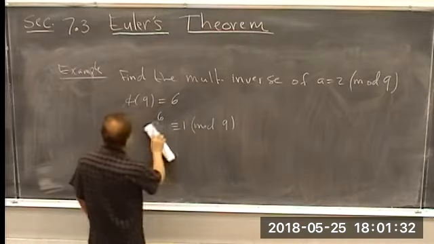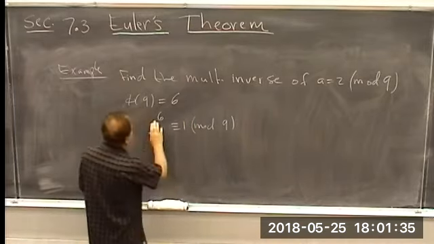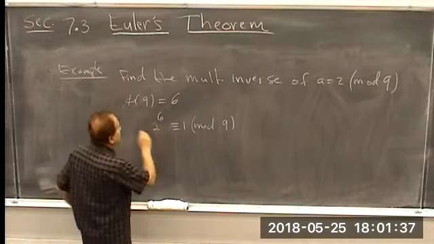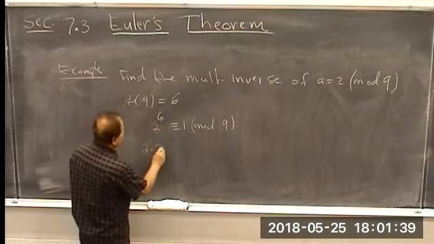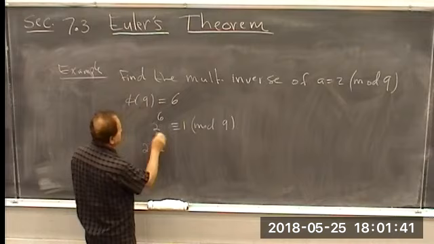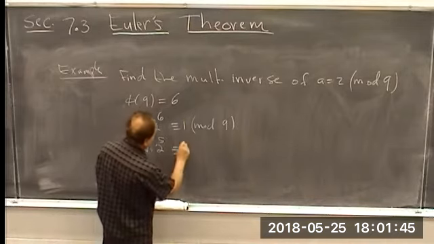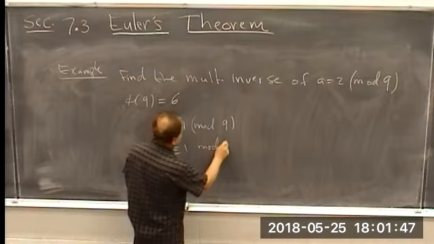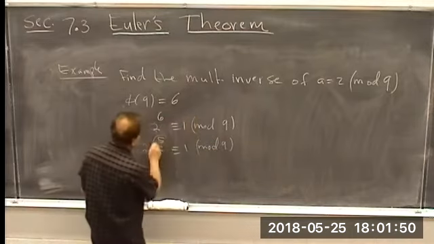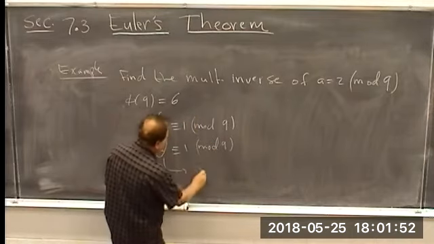It's true for any a relatively prime. And then we write this one as 2 to the 5, which is phi of 9 minus 1, congruent to 1 mod 9, which makes this the multiplicative inverse.